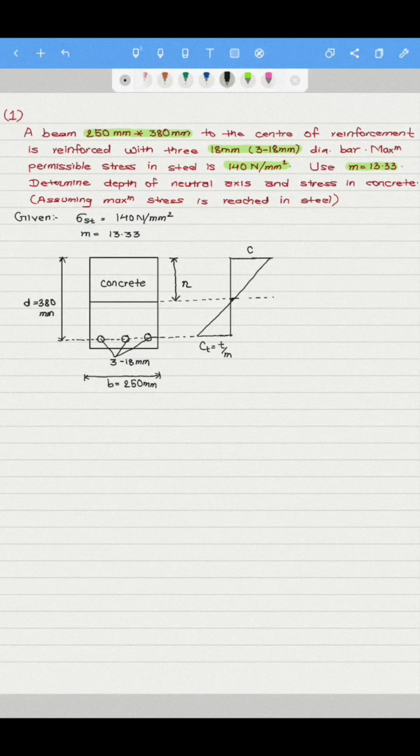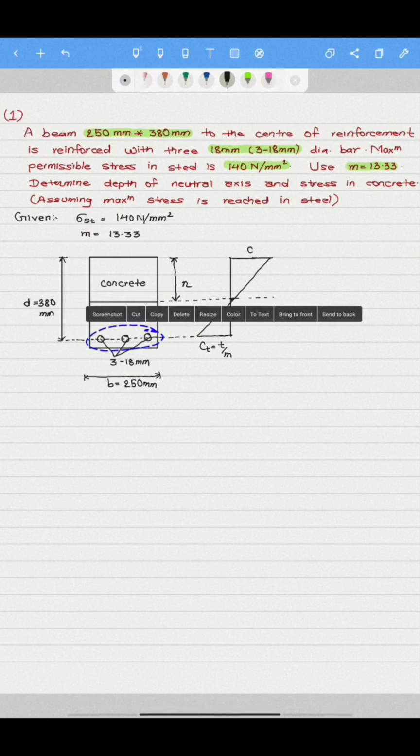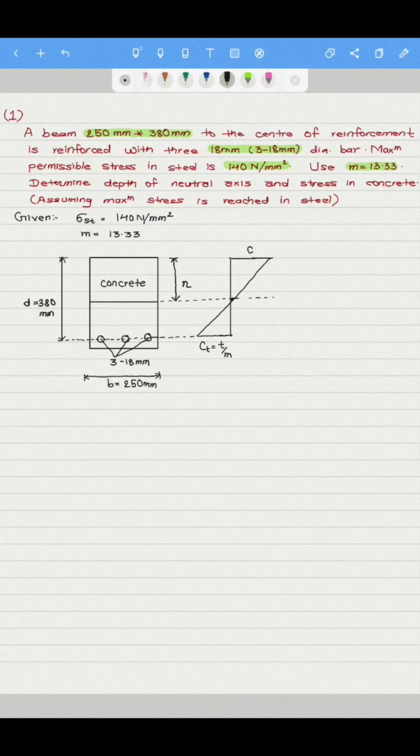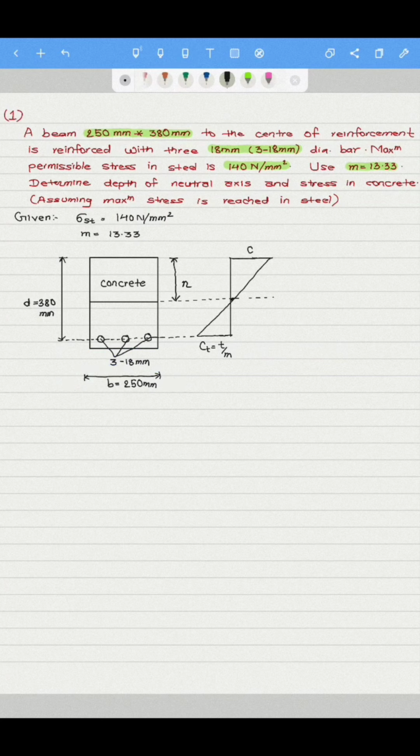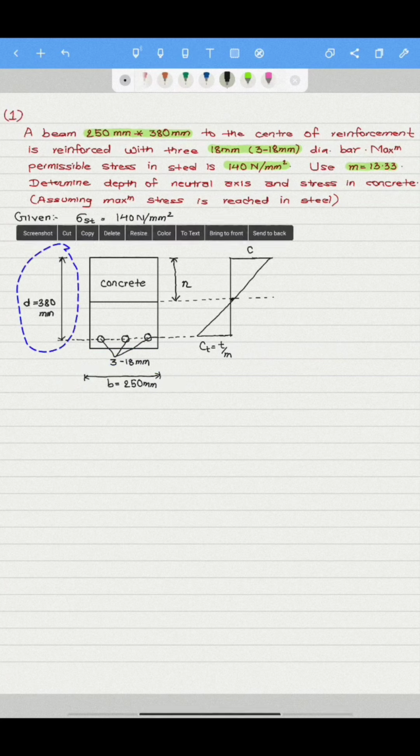Let us visualize this with a diagram. This is a beam where we are provided with the 3 reinforcement bars, all of size 18 mm, and the width of the beam is 250 mm as provided in the question, and the effective depth is 380 mm as mentioned in the question.